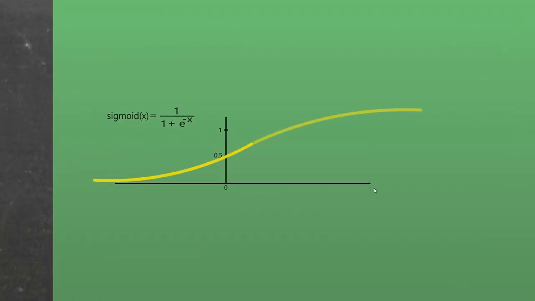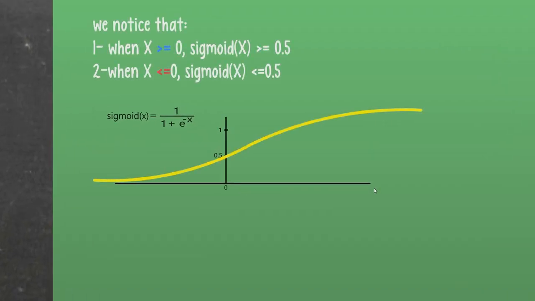We noticed a very important thing: when x is more than or equal to 0, that means here and more, the sigmoid of x is more than or equal to 0.5, exactly at this point. And on the opposite side, when x is less than or equal to 0, the sigmoid of x is less than or equal to 0.5.